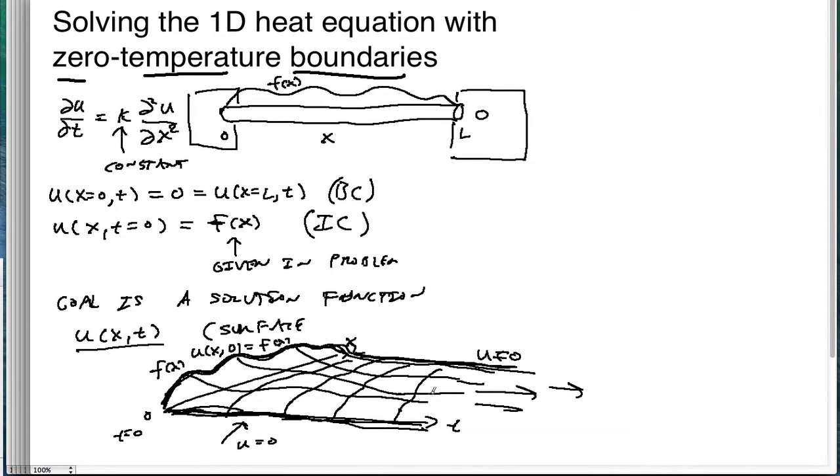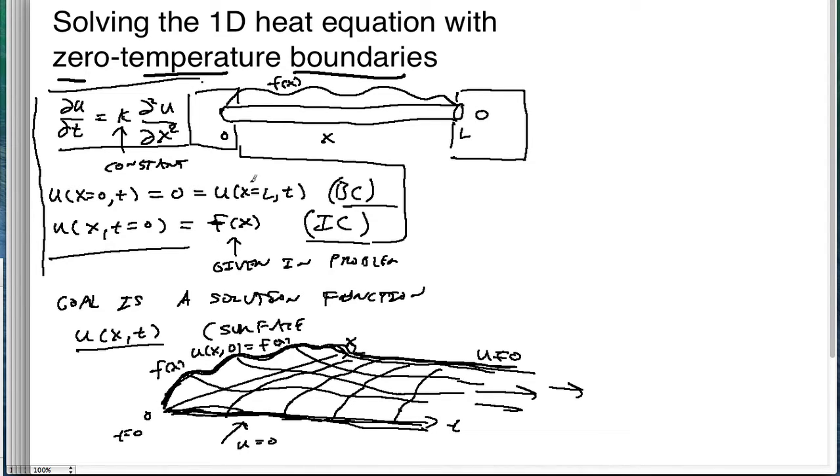Those are some important concepts to have. Again, the ingredients to a PDE problem are the following three things: one, the actual PDE; two, boundary conditions; and three, initial conditions. We need all three of those ingredients in order to specify a solution. Before we start solving, we need to do a little bit more work.